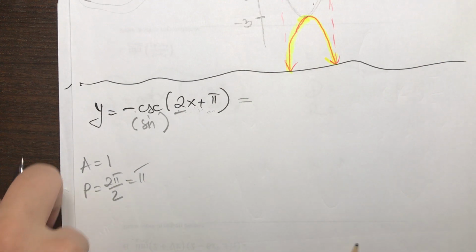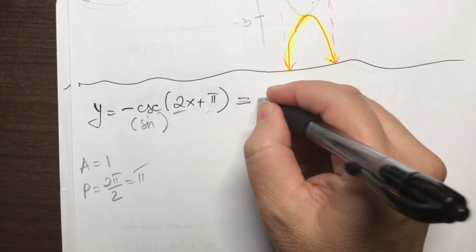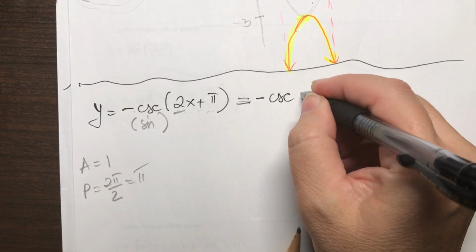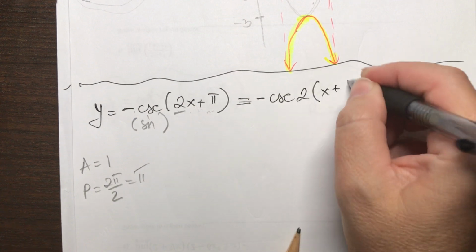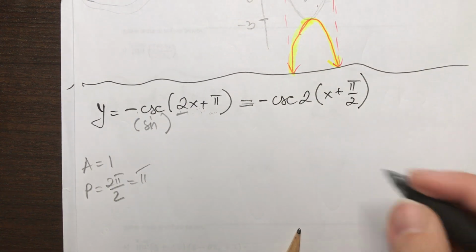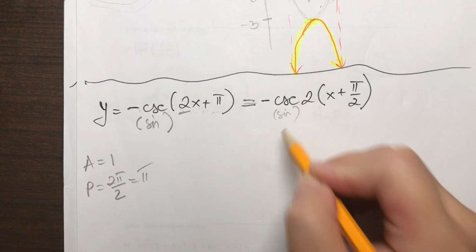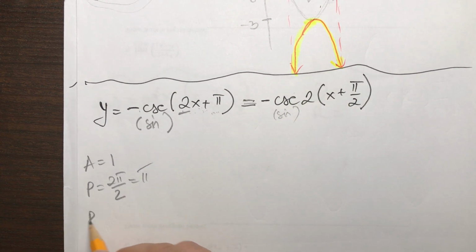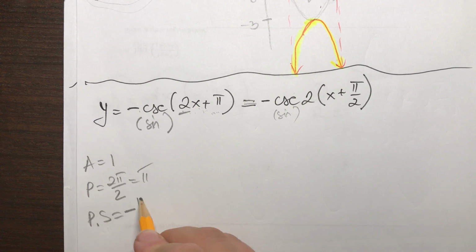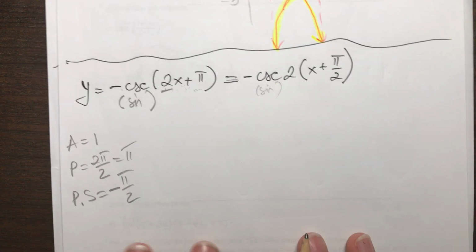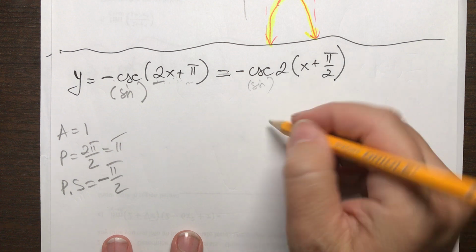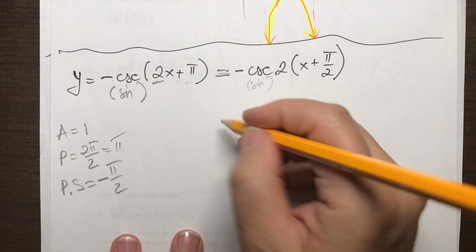So I have to factor out that 2, and now I know that the phase shift is negative pi over 2. So let's go back to what we've practiced.